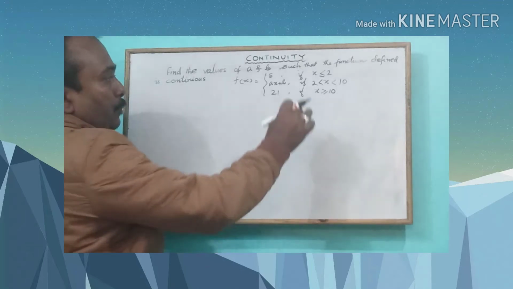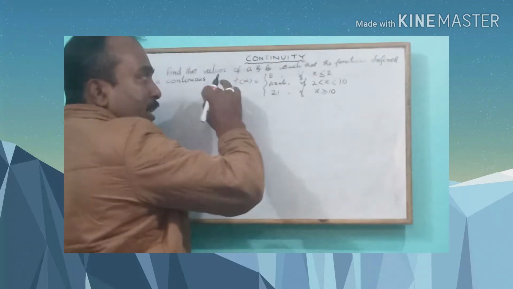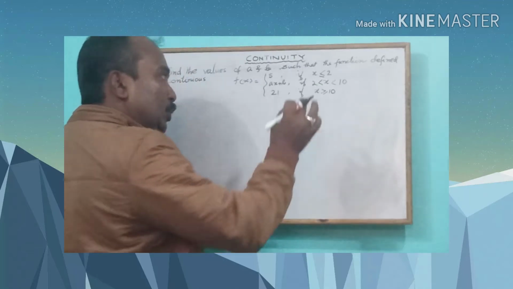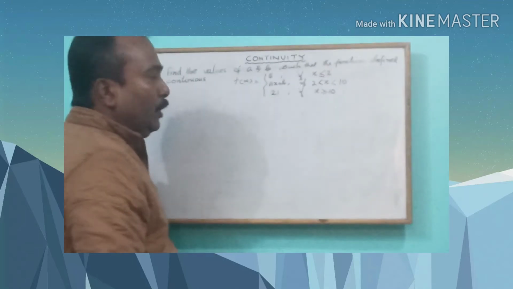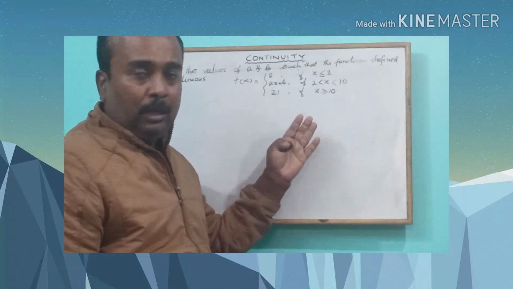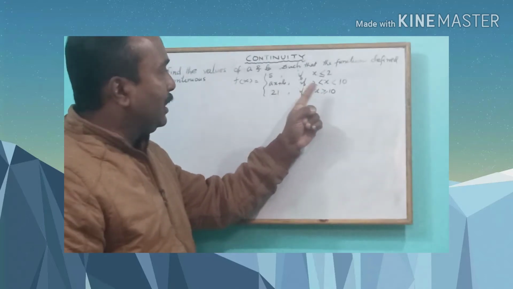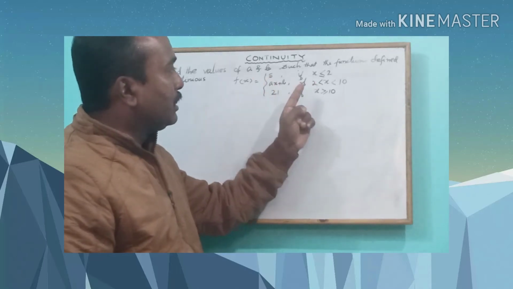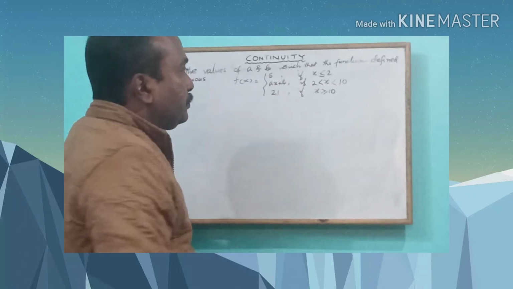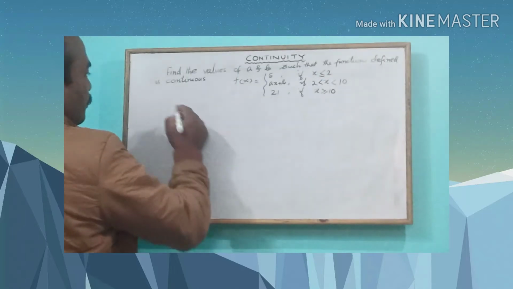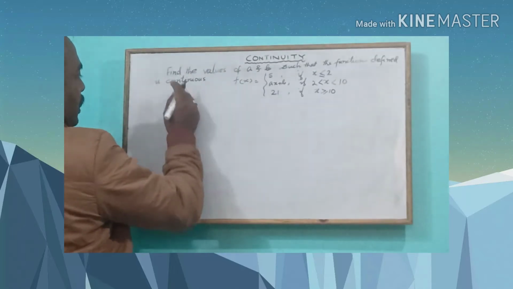as the critical points. Now since the function is continuous throughout, the function is also continuous at 2 and 10. We know that the function is continuous at all points, but we purposely take 2 and 10 because at these points 2 and 10 the function is clearly defined. Now as the function is continuous at 2, we will find the limit at 2.